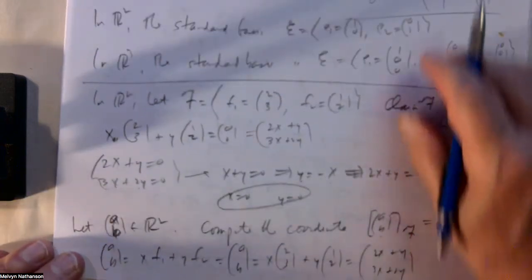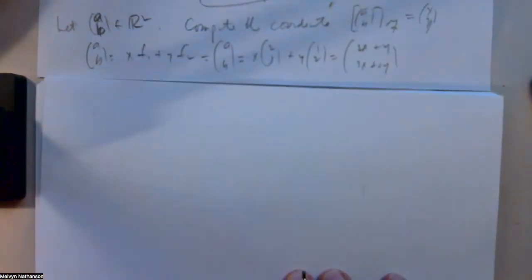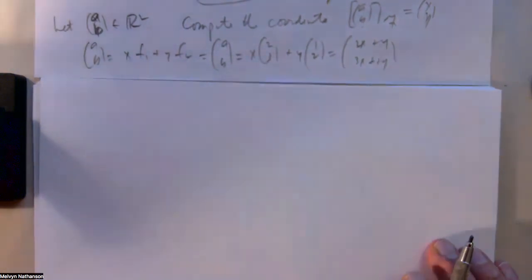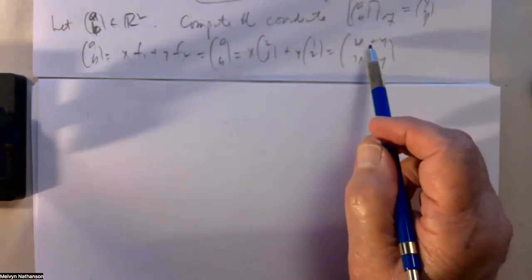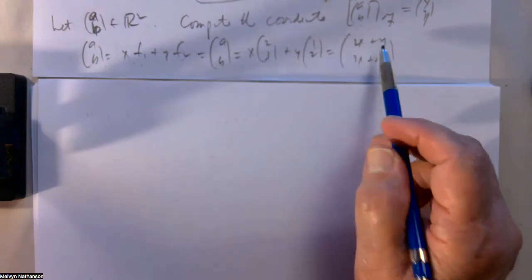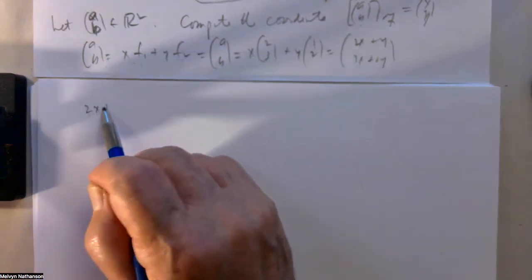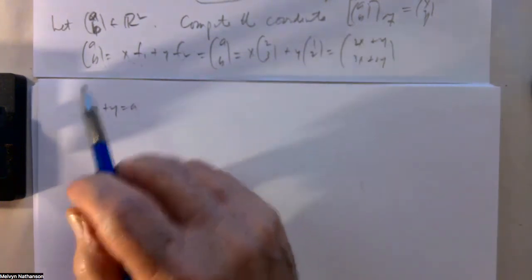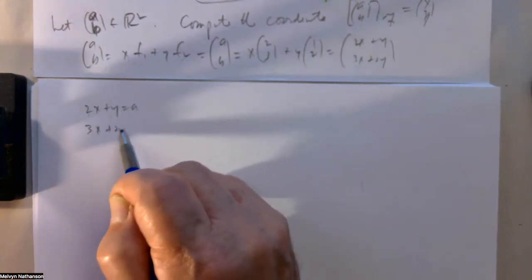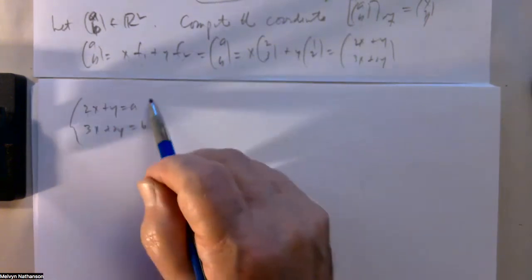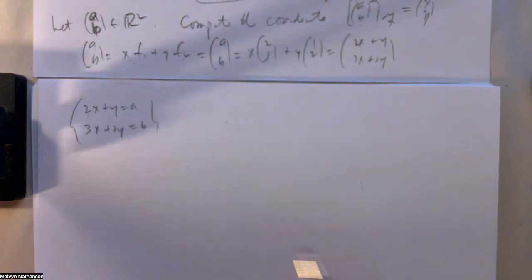So to find the coordinate vector of (a, b) with respect to the new basis, we have to solve the linear equations 2x plus y equals a, 3x plus 2y equals b. So again, we can solve it any way we like. This is just high school algebra.